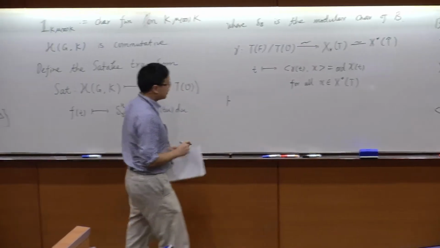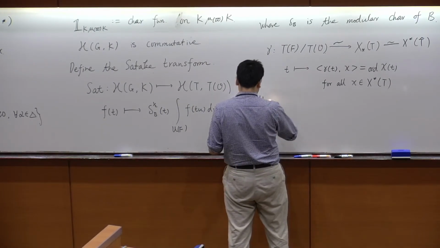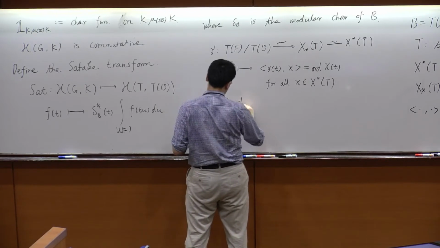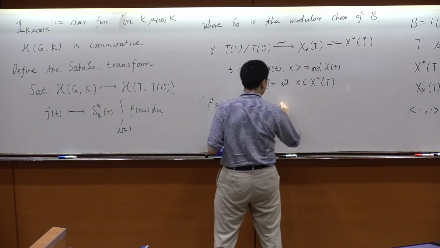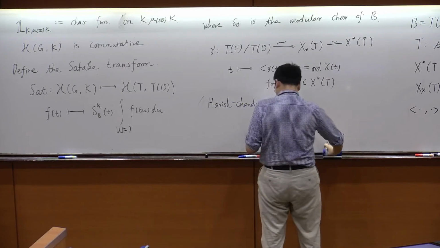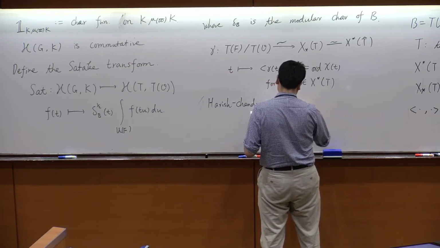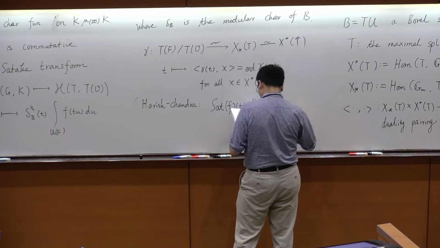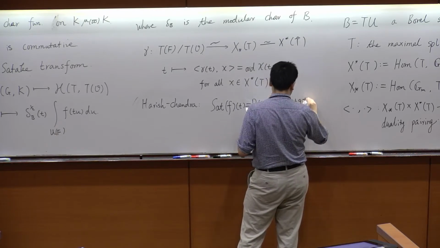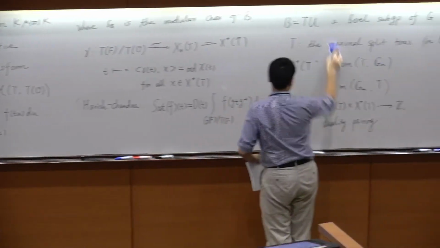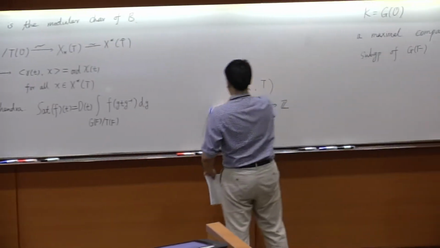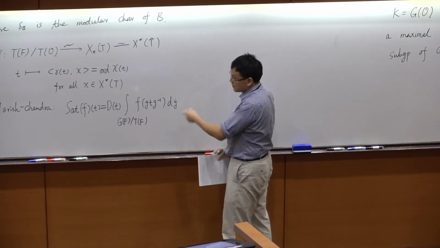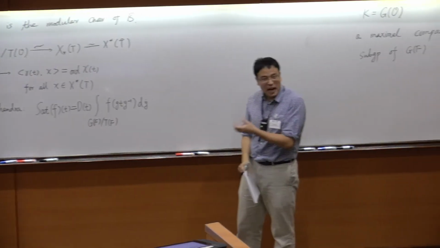Let's just recall one formula due to Harish-Chandra. Now T is just the split torus, and this formula can also be considered as the example in Apkshi's talk.